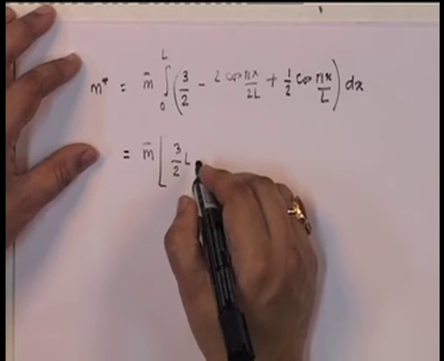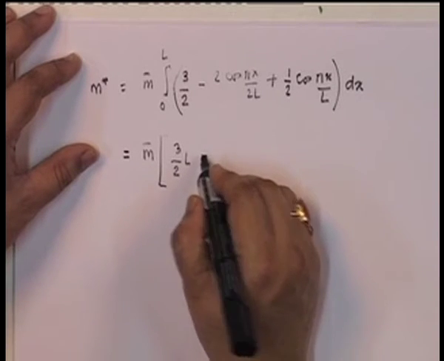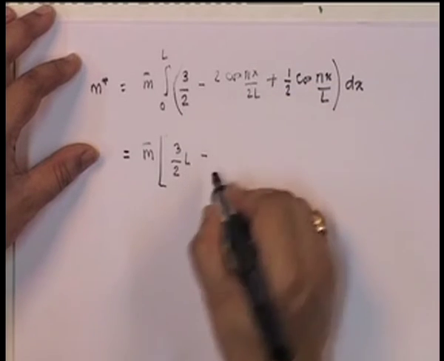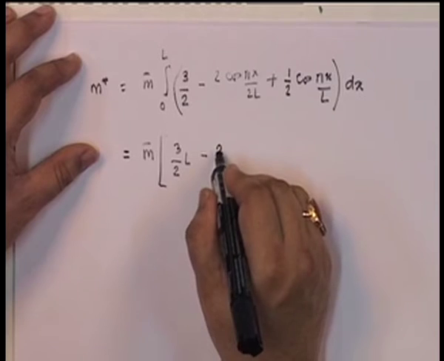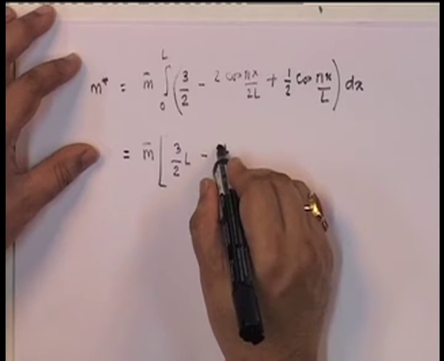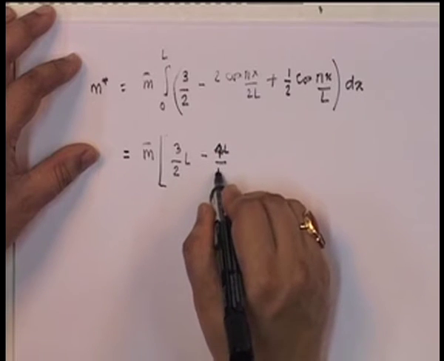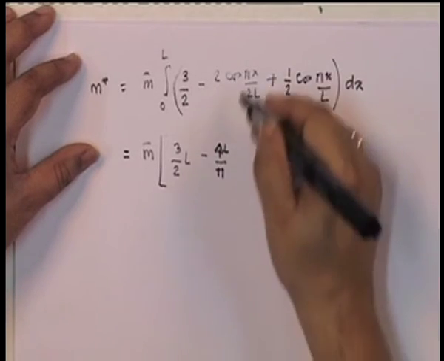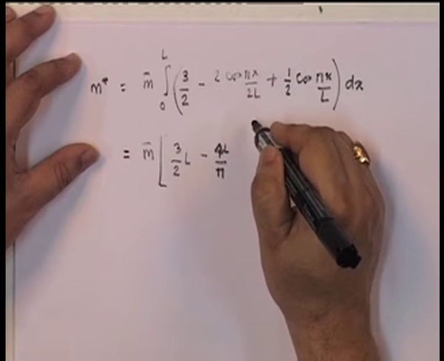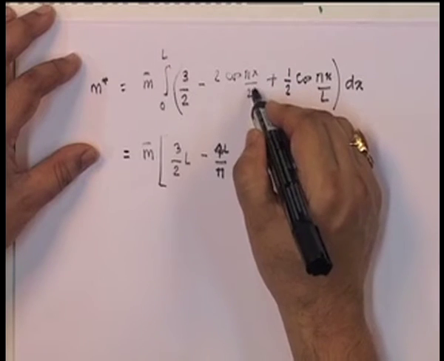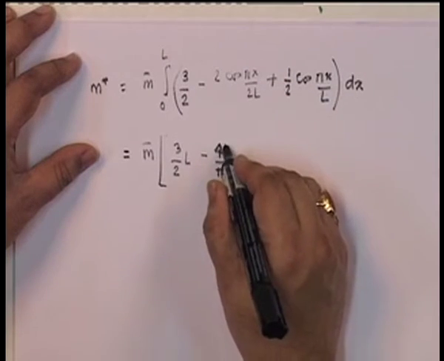Then minus, now let us see, when I integrate this, this becomes 2L, so this 2 and 2 becomes 4L upon pi, and the integration becomes sine pi x by 2L. So, at x equal to 0 this is 0, and at x equal to L you get sine pi by 2, which is 1.